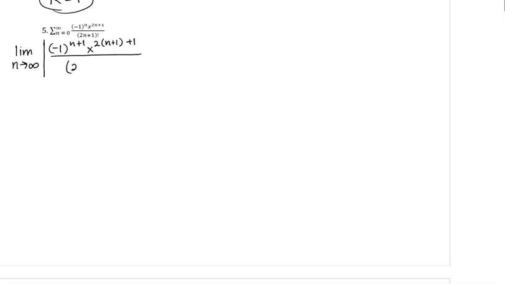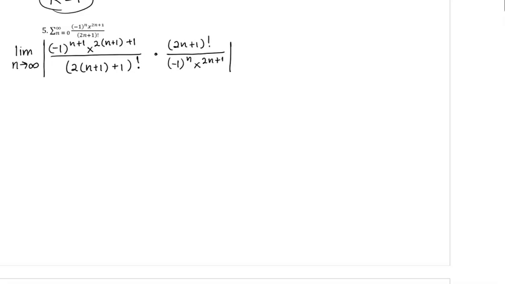Do the same thing in the denominator, replace the n with n plus 1. And then we're going to divide this by u sub n. So I'm just going to go ahead and multiply by the reciprocal of the original expression u sub n. So I have flipped what was on the inside of the series to give me this.